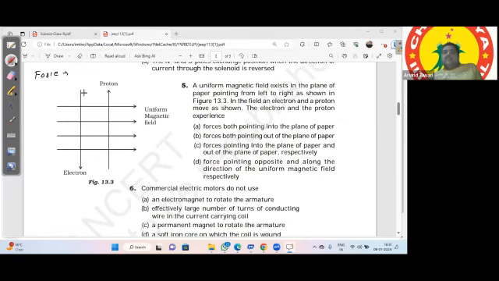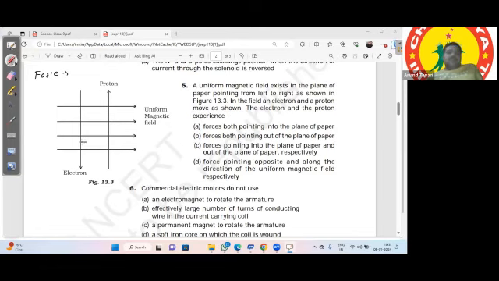See, the electron is moving from top to bottom, but the direction of current is taken opposite to the direction of motion of electrons. Remember the chapter on current. In that chapter, the current is taken in a direction opposite to the direction of motion of electrons.